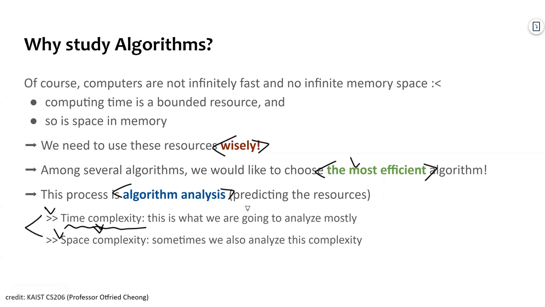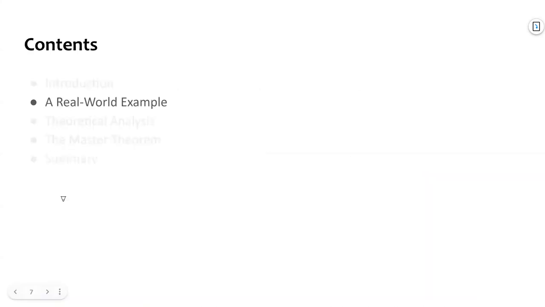Because in general, space might not be a big problem, but time becomes a big problem in most cases. So that is why we focus on time complexity rather than space complexity. All right, so that was the introduction.